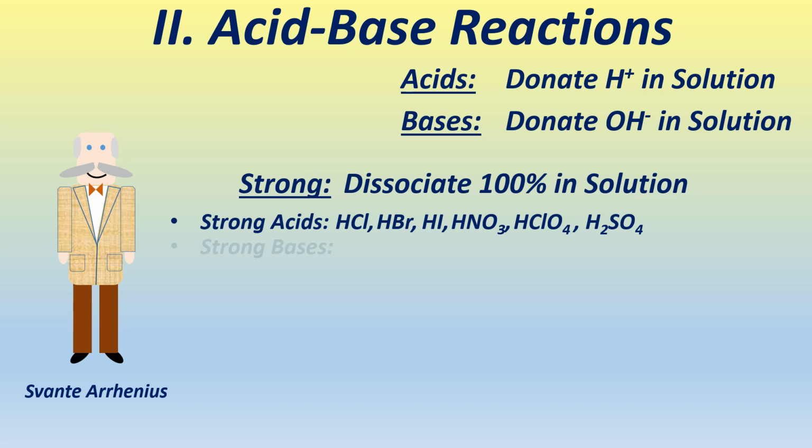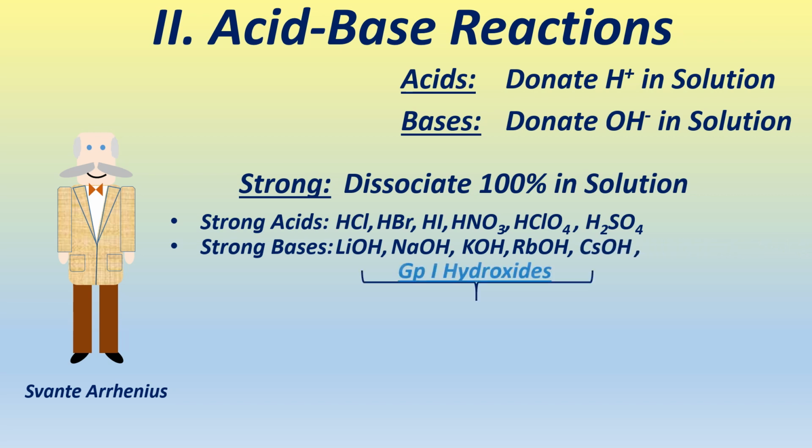Additionally, there are only 7 strong bases: lithium, sodium, potassium, rubidium, and cesium hydroxide, the group 1 hydroxides, plus strontium hydroxide and barium hydroxide. You will note, bringing things together, that the strong bases also constitute all of the soluble hydroxides.